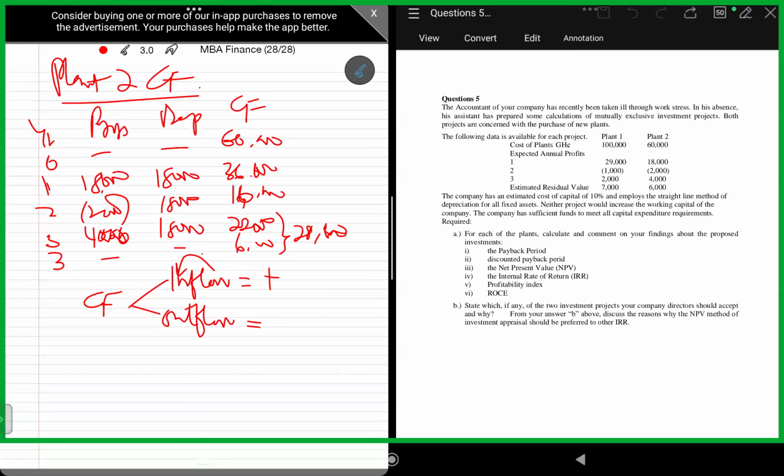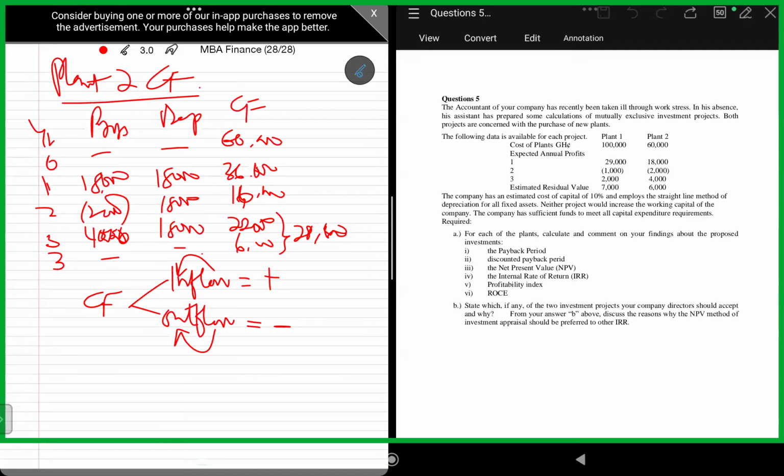So inflow figures are always positive. When money flows out of the business, it decreases the cash flow. So therefore, outflow figures are always negative. So the cash flow we have 60, 36, 16, 22, 6,000. The 36, 16, 22, and 6,000, they are all flowing into the business. So they are inflows. They will be positive.